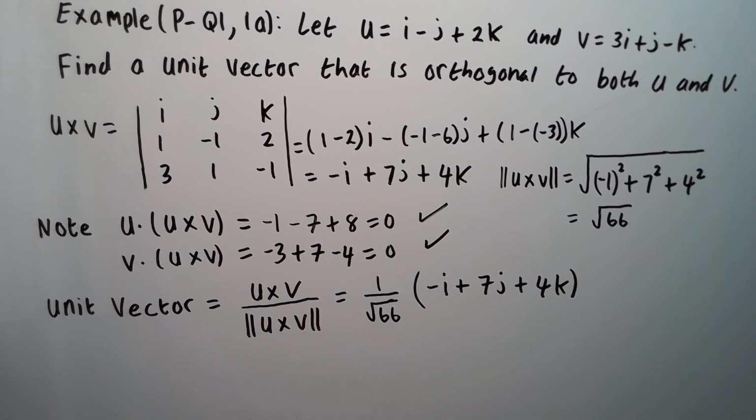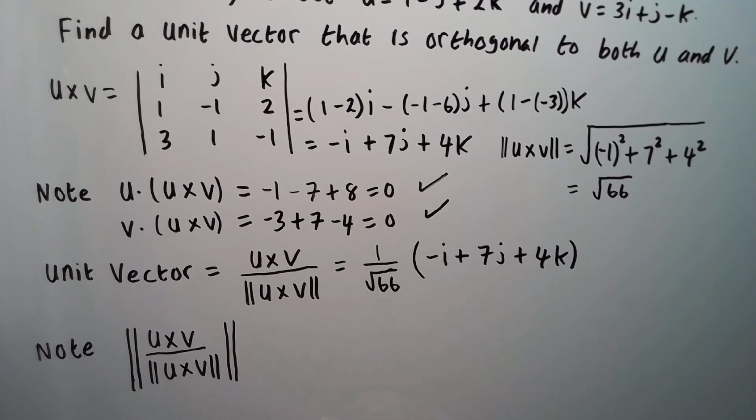Let's actually prove it. I want to show that the magnitude of u cross v over the magnitude of u cross v should be 1.